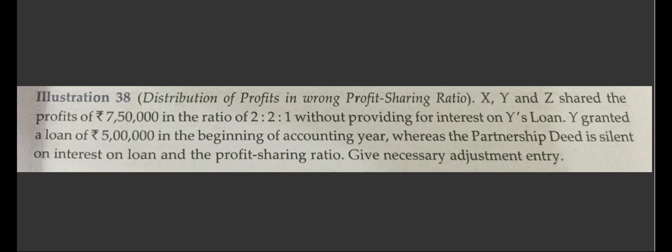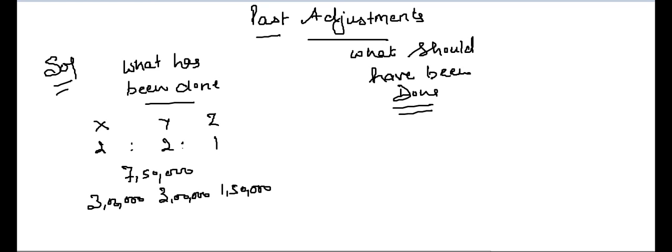Right? So let's see what should have been done. X, Y and Z. Very first thing is the partnership deed is silent, and the provisions of the Indian Partnership Act 1932 will apply, which says that out of the profits of 7,50,000, interest on loan at the rate of 6% should have been given to Y. Now what is the interest on loan?